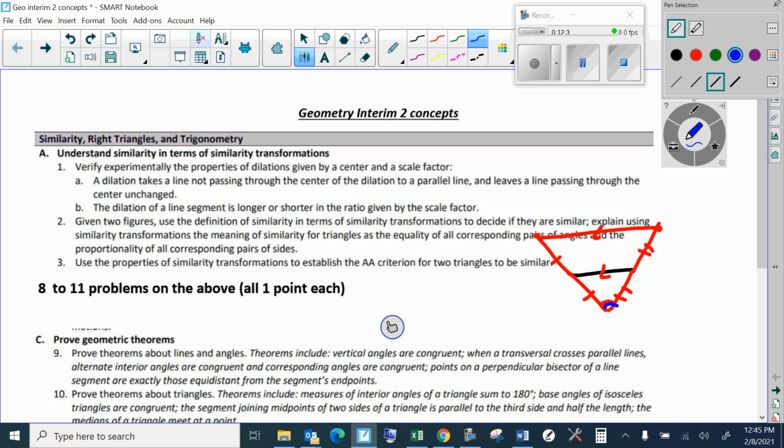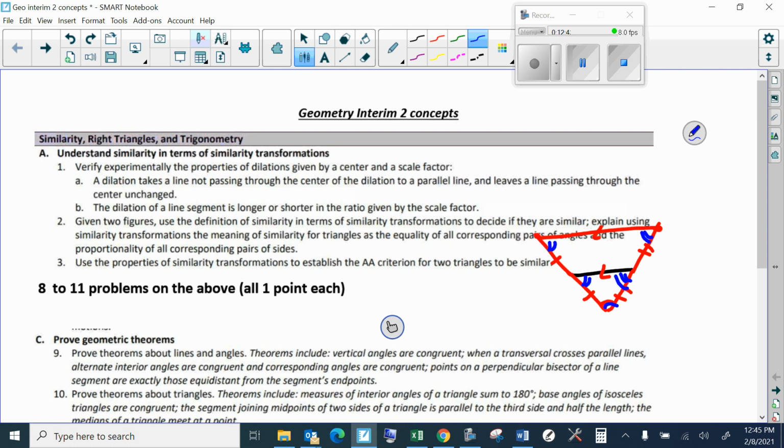But since I have parallel lines cut by a transversal, these corresponding angles are congruent, and these corresponding angles are congruent. So in that case, I'm talking about these. If I was talking about these triangles here, say I made it into a triangle and dilated it, I would have the AA similarity for triangles.